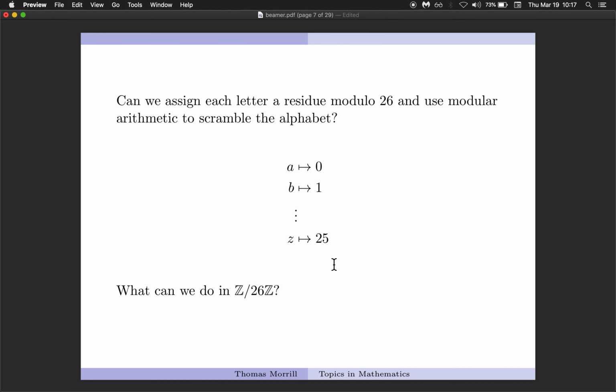Now that I can treat my letters as numbers, what can I bring to this system using the things we've learned about from modular arithmetic in the past weeks of this course? What can we do in Z mod 26Z?